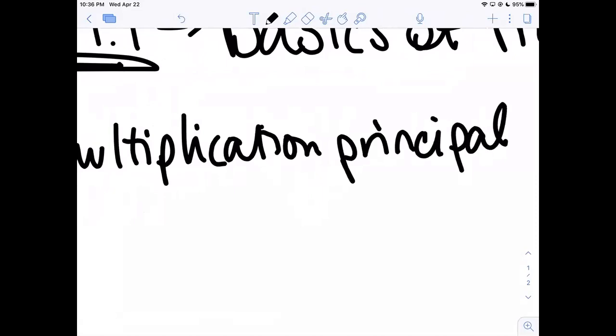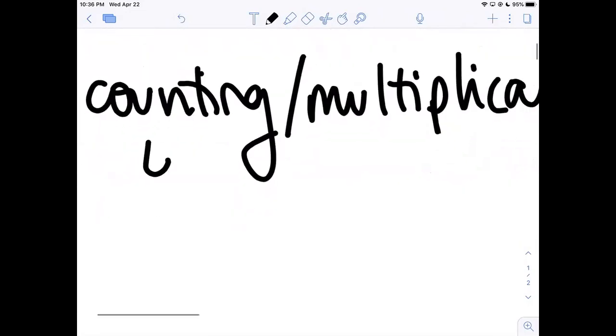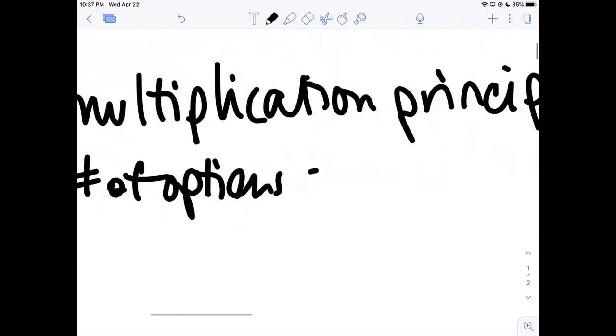And this is where we're taking all of the number of options and multiplying them together.